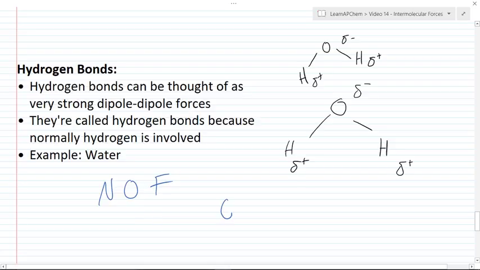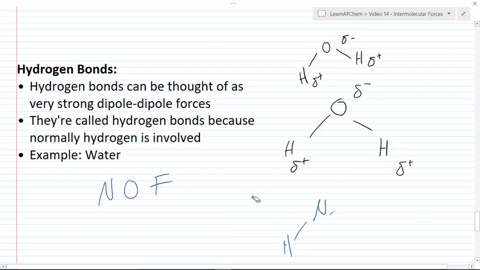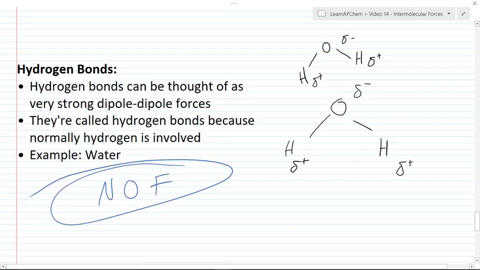If something has O bonded with hydrogen, or F bonded with hydrogen, or N bonded with hydrogen, these are hydrogen bonds. If you see something covalent that isn't N, O, or F, you shouldn't assume it hydrogen bonds. So discount what I said previously. NOF is what you need to remember.